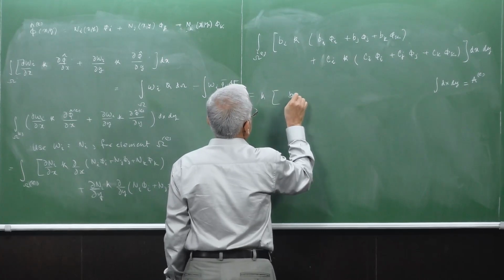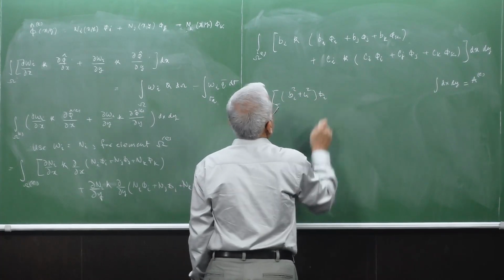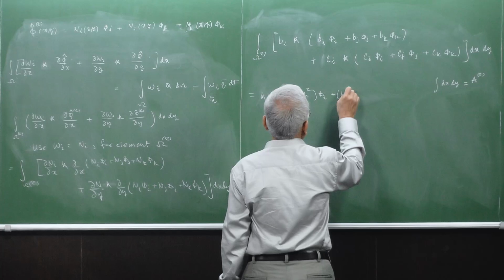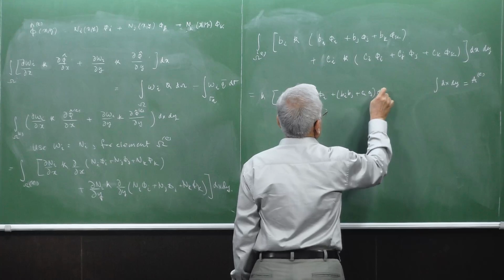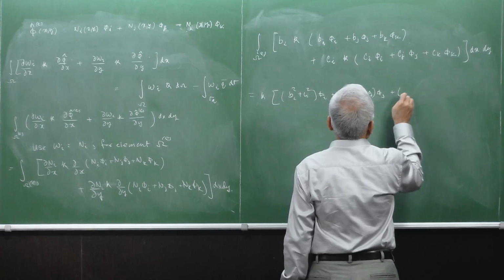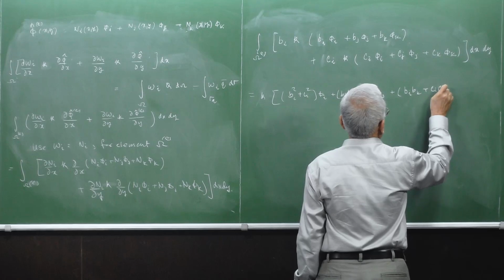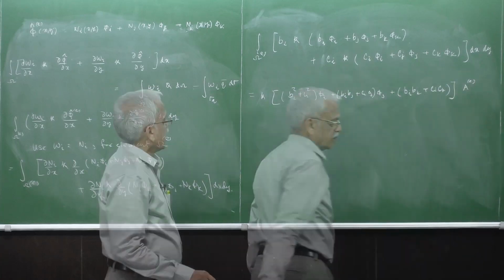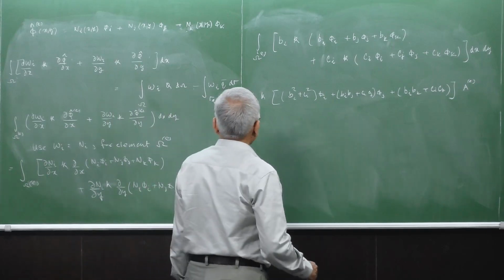So it's bi square plus ci square times phi i, and here bi bj plus ci cj times phi j, and bi bk plus ci ck times phi k, multiplied with area. And like this we will have, this is the first equation, right?